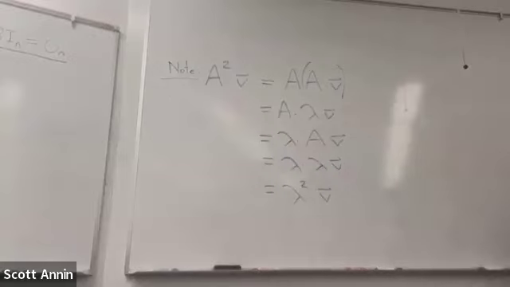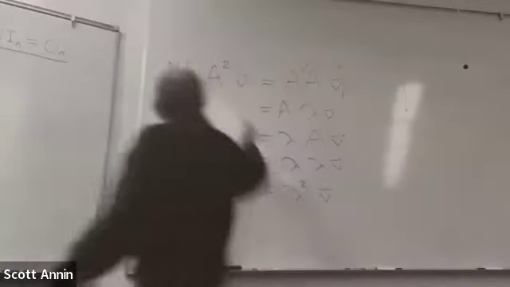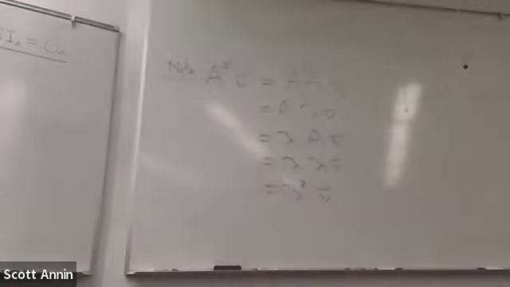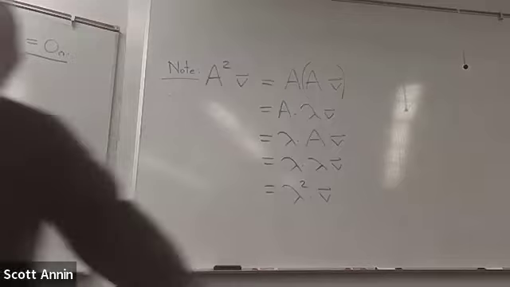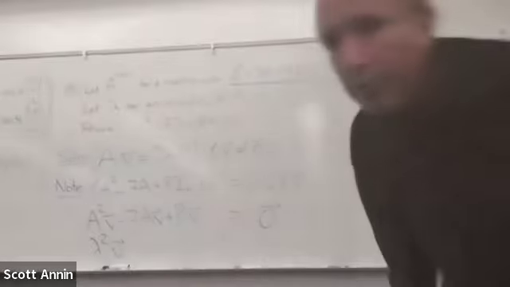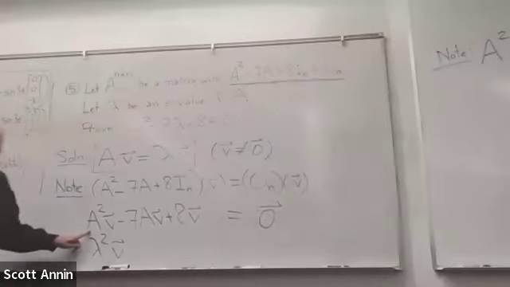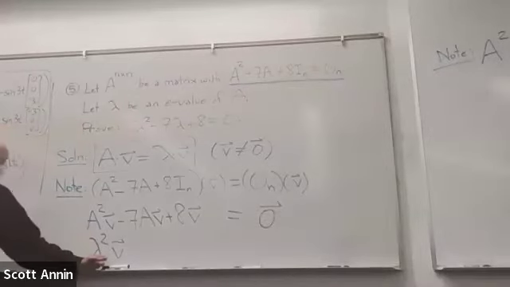But guys, with this little note, I can come back over here now, right? I just worked out that A squared v is just lambda squared v. So let's come back over here. A squared v is just lambda squared v.